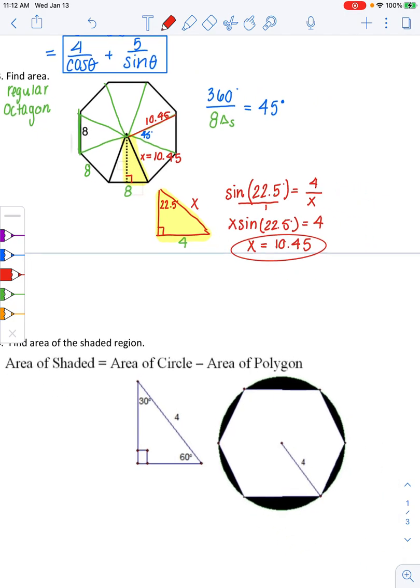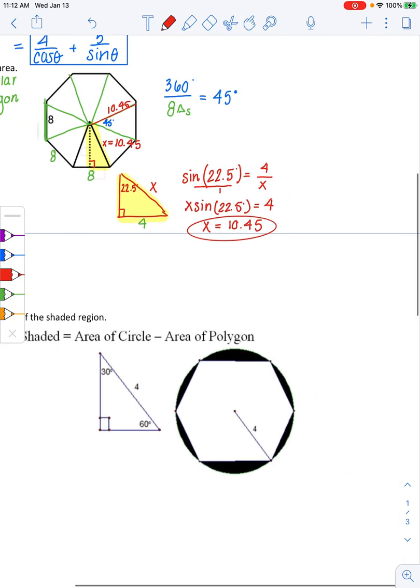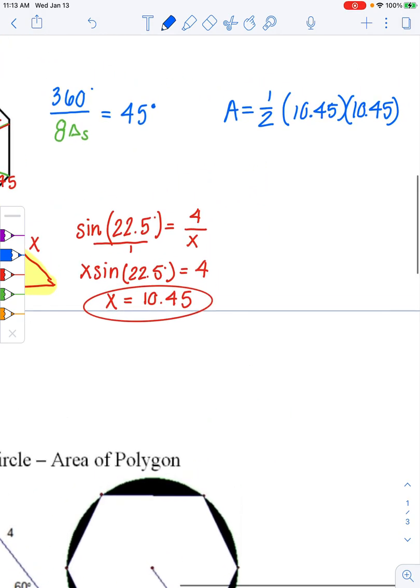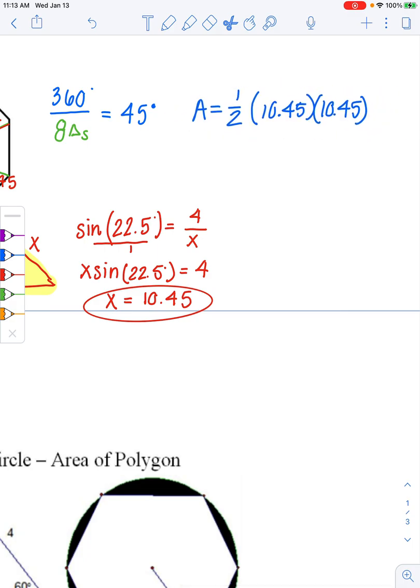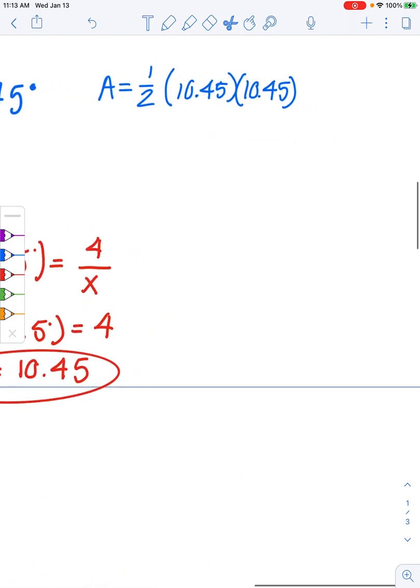Now I can use my fact of area of any triangle. Area equals 1/2 A, which is the 10.45, times B, which is also 10.45. Running out of room. It's actually still not going to be enough room.